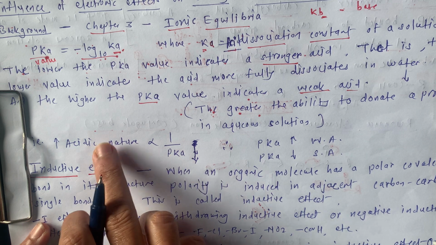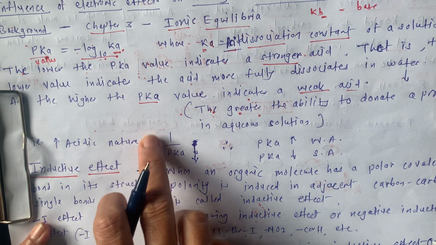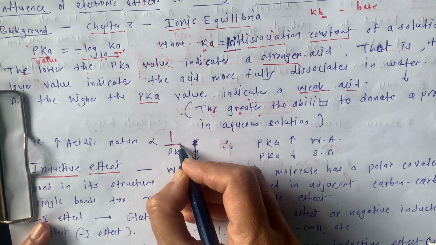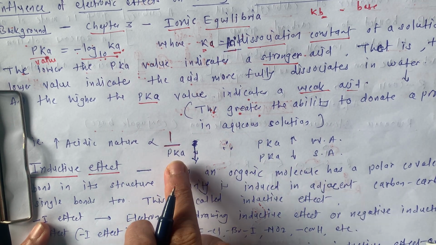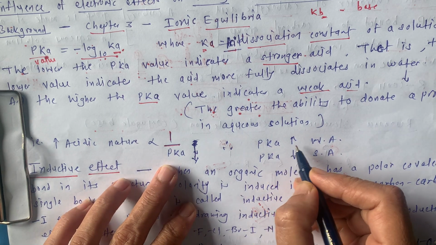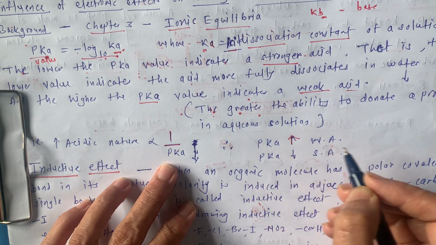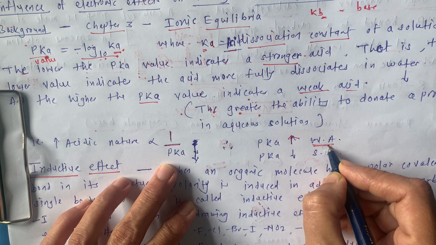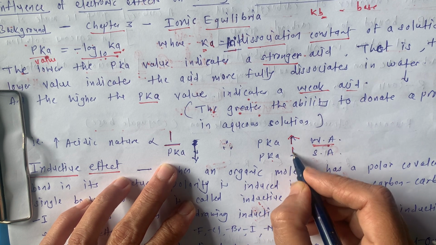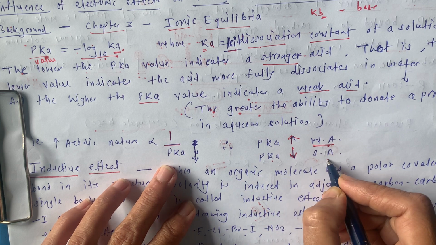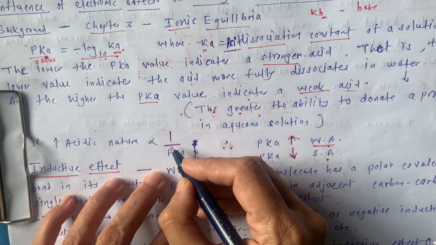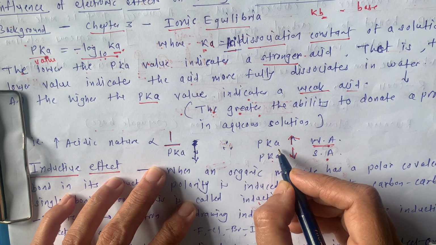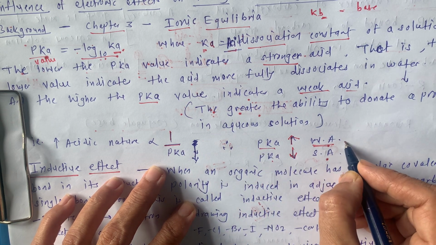Acidic nature is proportional to 1 upon pKa. So if the pKa value is more, that is a weak acid. If the pKa value is less, then it is a strong acid. Please try to understand this.